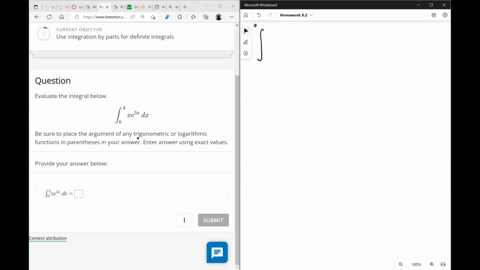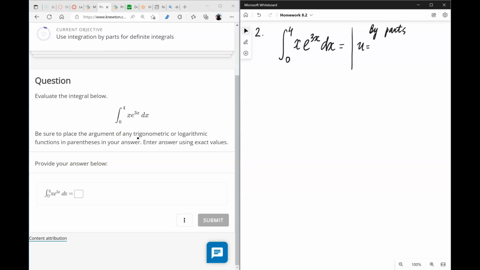Problem number 2. We have the integral from 0 to 4 of x e to the power 3x dx. We're going to do integration by parts. I'm going to announce it here.